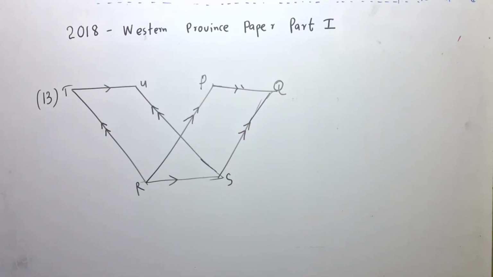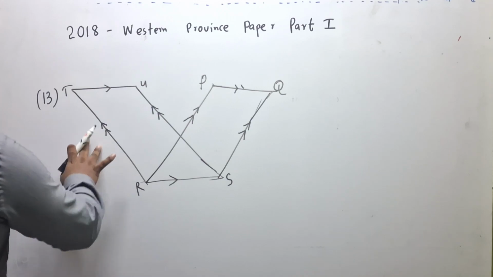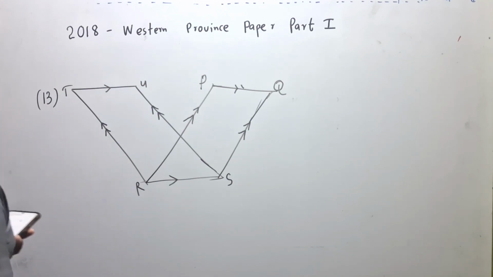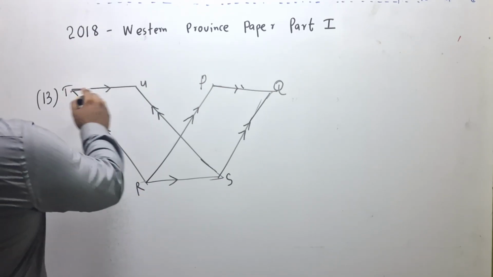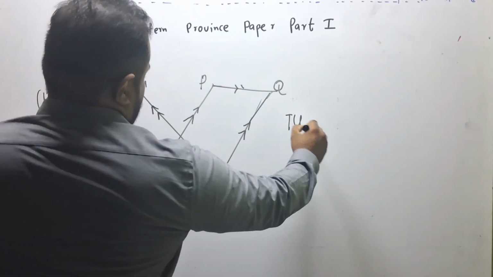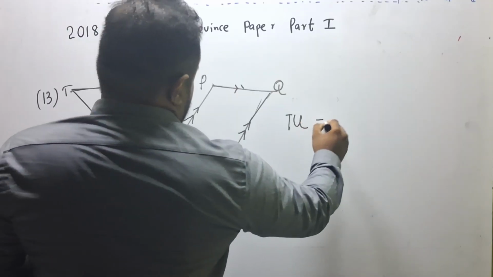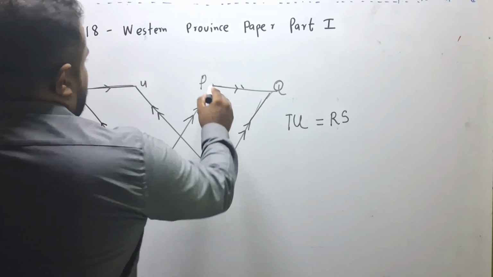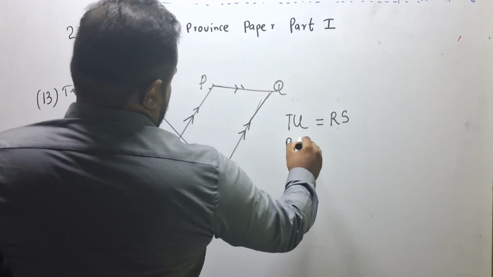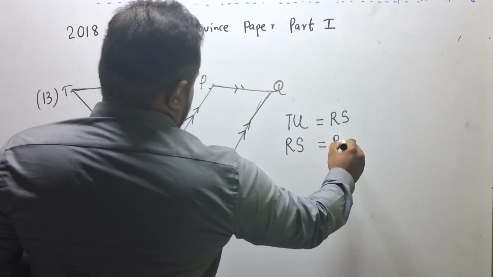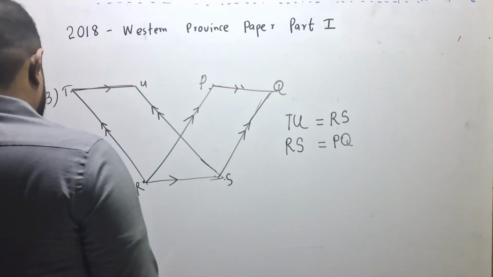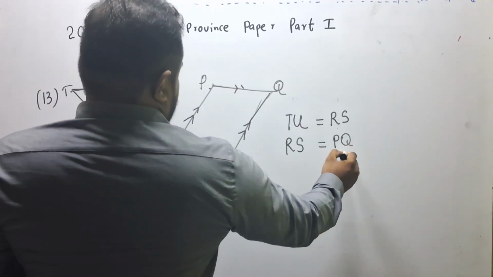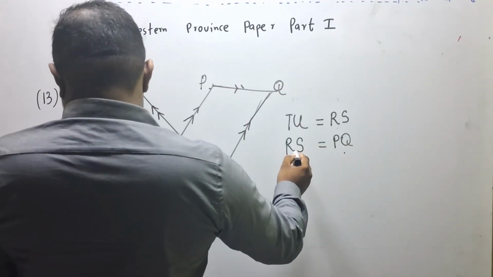Okay, so when it is a parallelogram, the opposite sides are equal and opposite angles are also equal. So TU is equal to RS. RS is equal to PQ. And PQ is given as 10. So RS is 10.